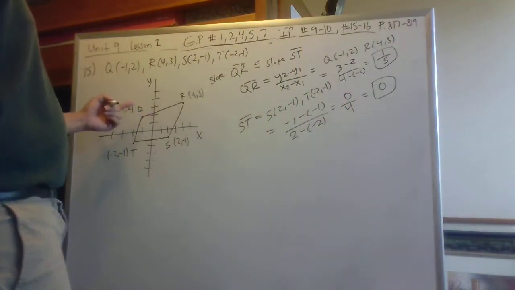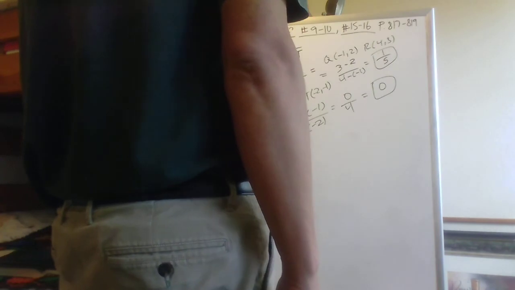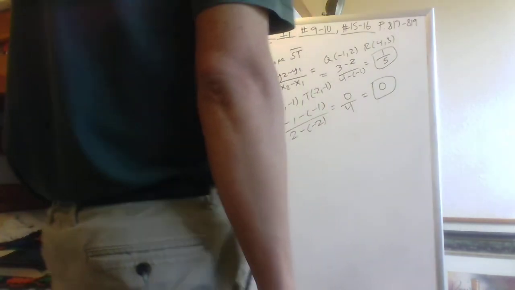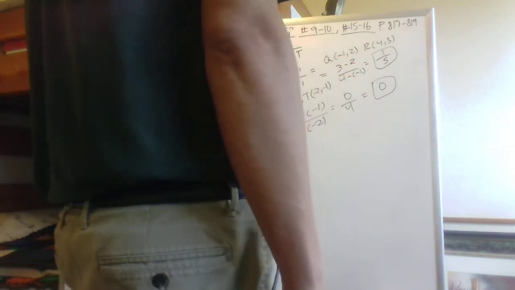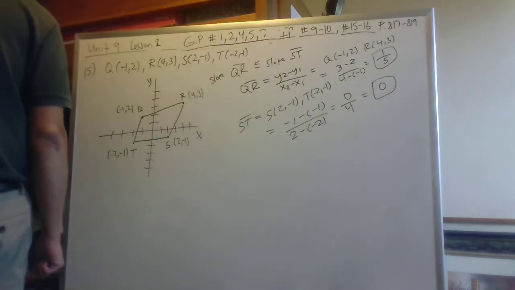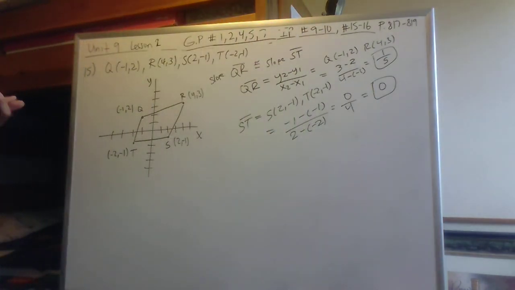And if we look, I'm just going to show you that QR slope and ST slope are not the same. So since the opposite sides of this quadrilateral do not have the same slope, it means that this quadrilateral is not a parallelogram.